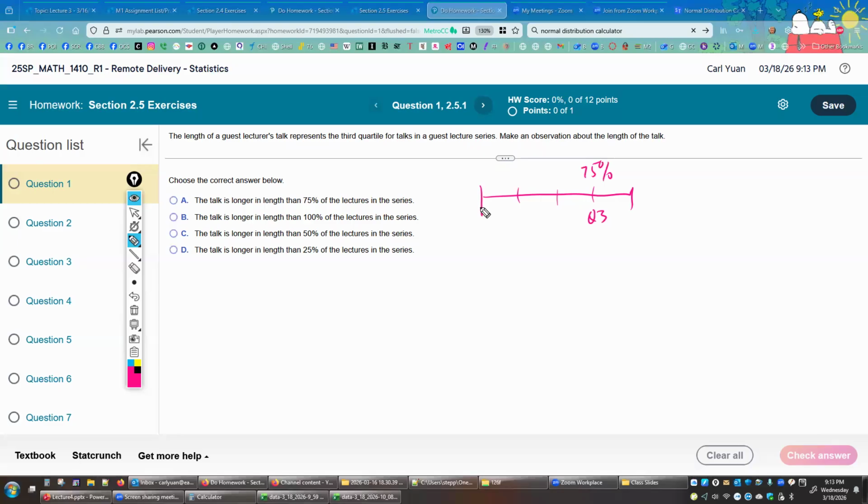So this is longer than 75% of all the talks. So I think A looks pretty good. The talk is longer in length than 75%. It is not 100%, it's not 50, it's not 25. So I'm going to go with A.